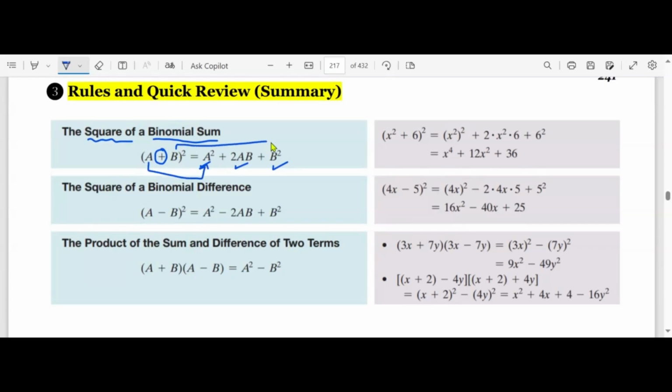Let's take an example. I have x squared plus 6. What is x squared squared? x to the power 4. 6 squared, how much? 36.